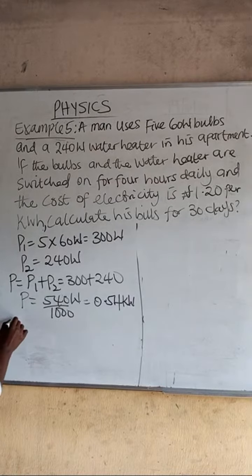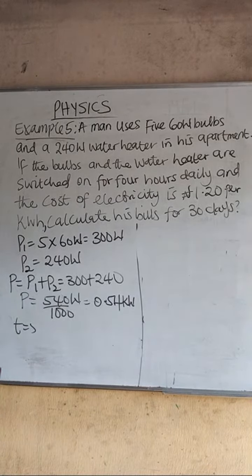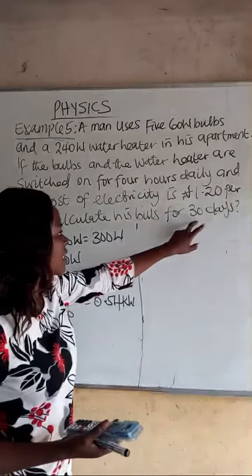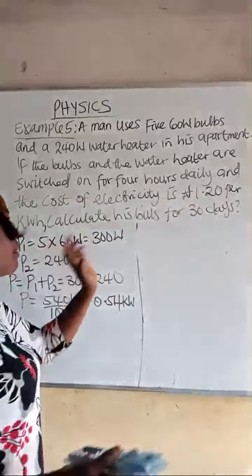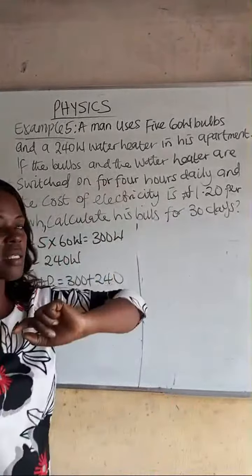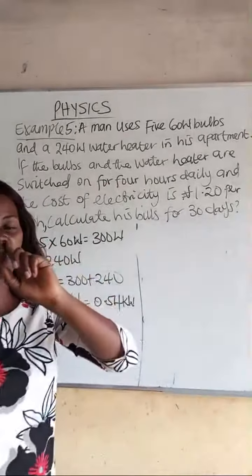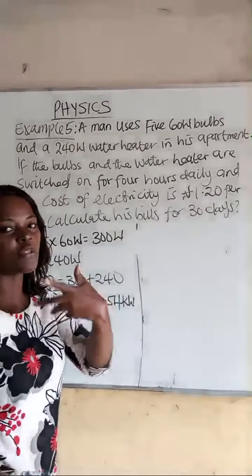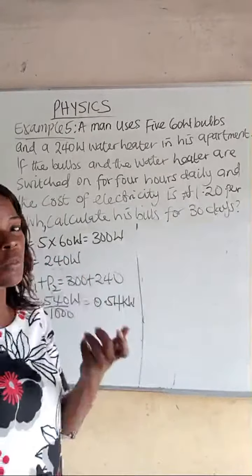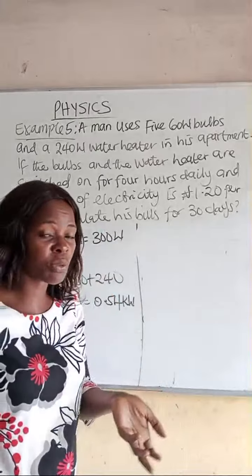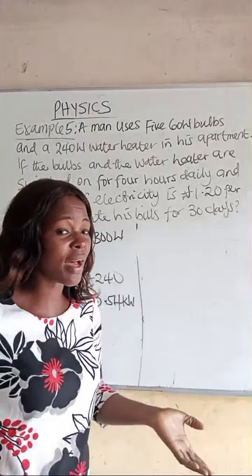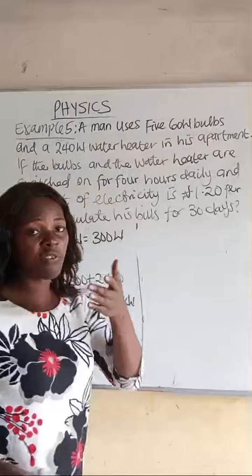Then the time. Previously, I solved for time. I said 30 times 24 hours. But this man used it for only 4 hours out of the 24 hours. So we are not supposed to multiply by the whole 24 hours because he did not use it the whole of the 24 hours, okay?